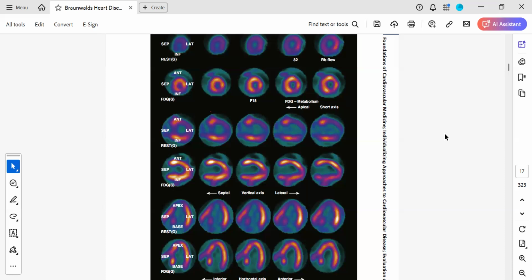So for example, if you look at this slide now, you see the top two rows. One is for rest, the other is for when the metabolic agent has been given. So you can see that when it's at rest, you are not seeing the perfusion. Can you use your pointer or your arrow?